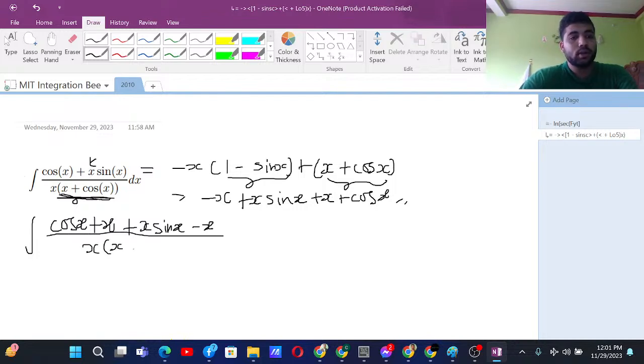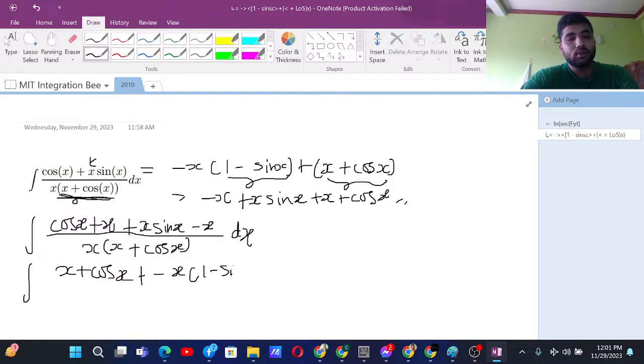Then x by x plus cos x dx. After this we will have x plus cos x, but also here if we take minus x common, 1 minus sin x will be the derivative of the denominator, by x times x plus cos x dx.